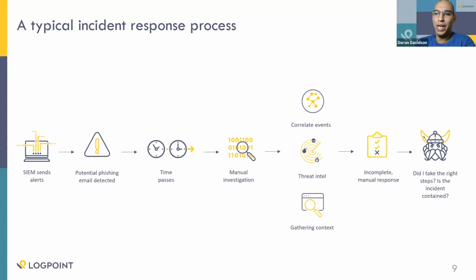Either way, we now have an incident of a potential phishing email. What does the analyst do? So first of all, it will take a lot of time until the analyst will actually notice the alert itself. We know that he has thousands of alerts every single day. There is a shortage of analysts, so most of those he or she will not even notice.